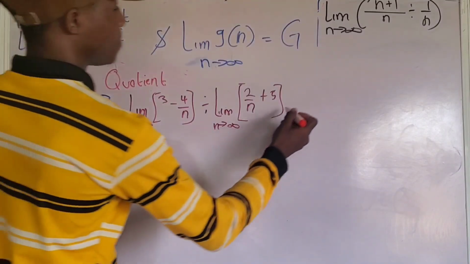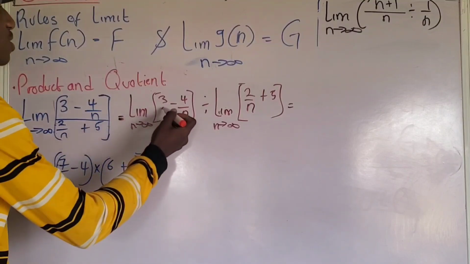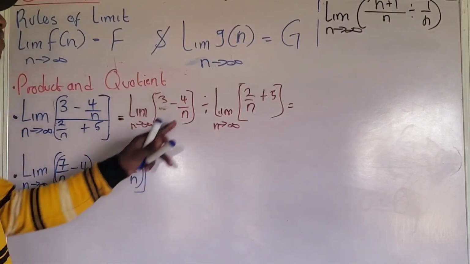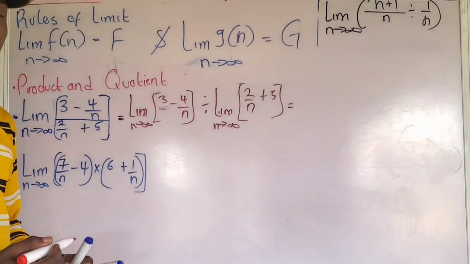Now, if you take the limit of 3 minus 4 over n as n tends to infinity, you are going to have 3. I hope you know that.